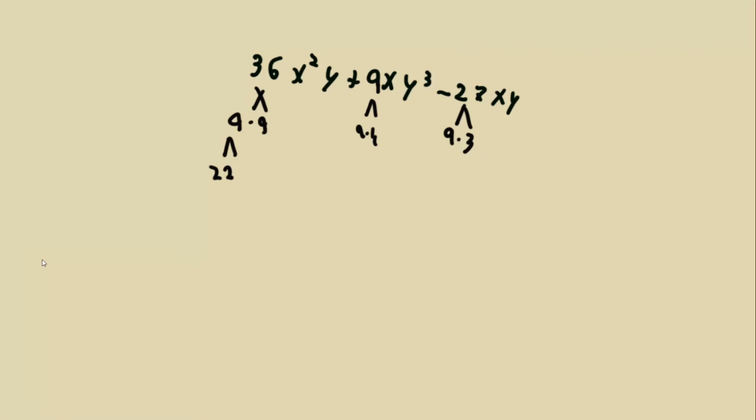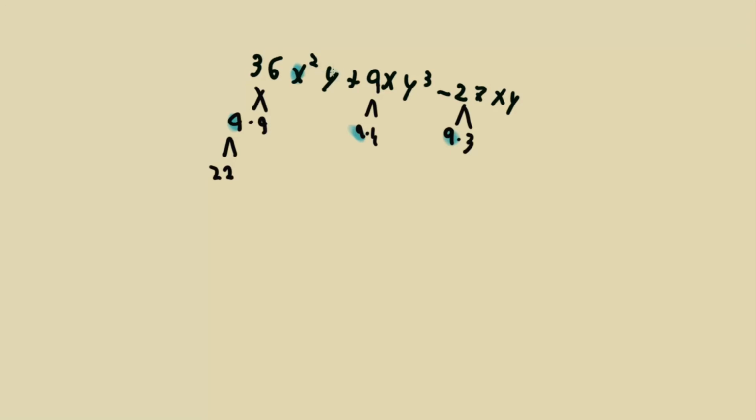All right. So let's try to highlight our common things right here. So here we have a 9. Here we have a 9. And here we have a 9. All right. So we know it's 9. Okay. Here we have 2 x's, 1 x, and 1 x. And we also have y in common between all of these.